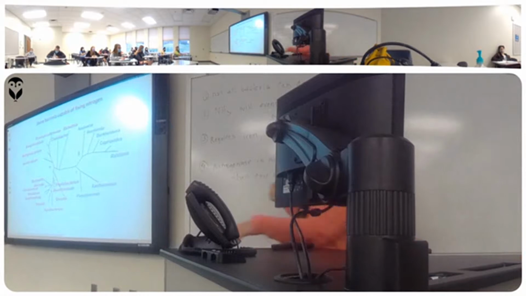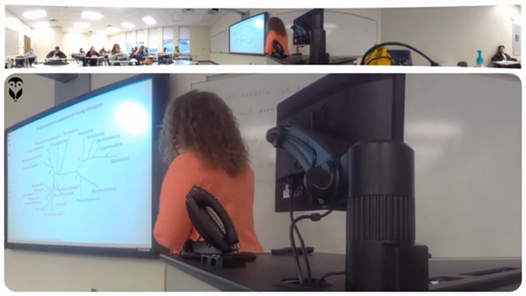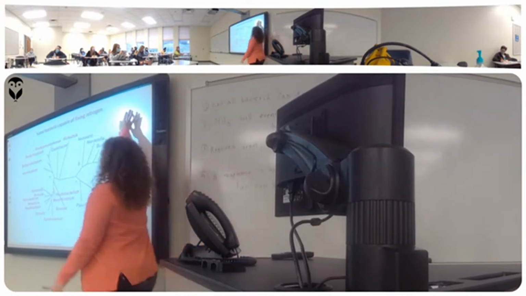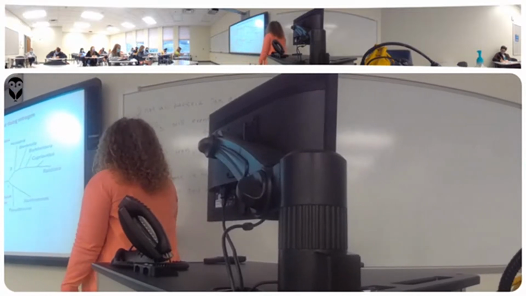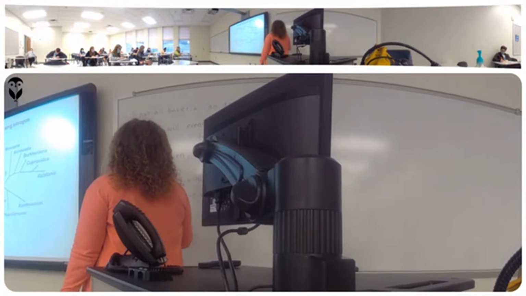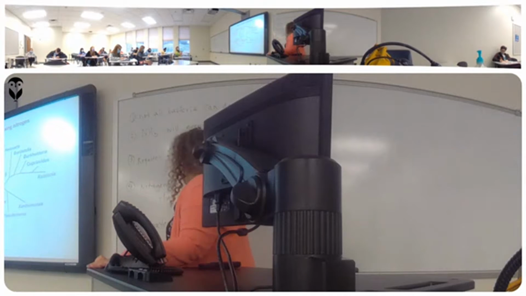Only certain bacteria can do this, and as a group, these are called proteobacteria. So I'm going to write that word here, but really it should be up here. Proteobacteria. And together as a group, all of these are gram-negative.